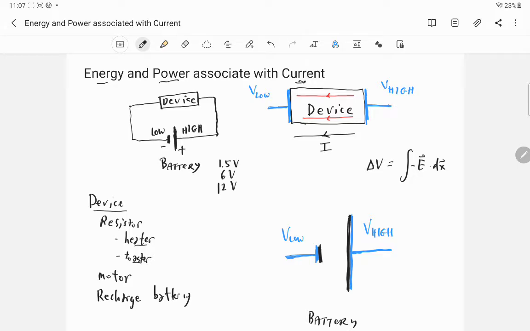So over this conductor, this perfect ideal conductor, the potential is the same value all the way, because the electric field is 0 all the way. So there is no change in potential along the wire. So that potential is extended all the way to the right-hand side of the device, and the lower side of the battery extends its potential value all the way to the left-hand side of the device.